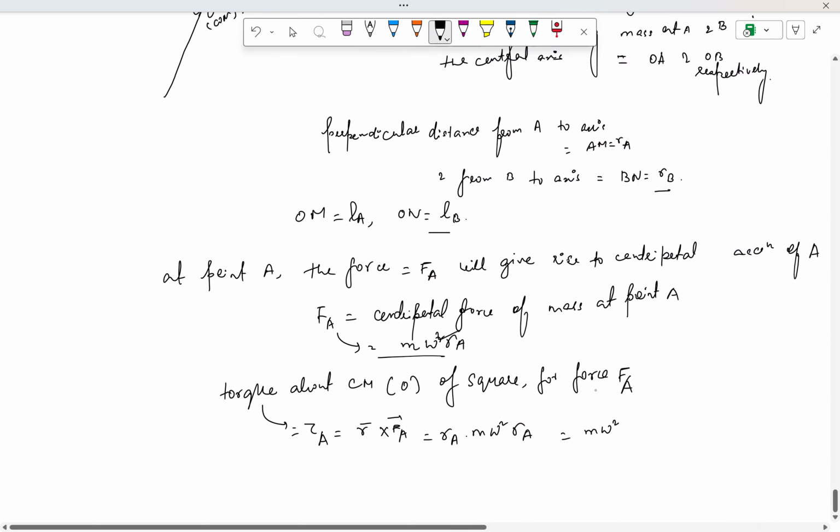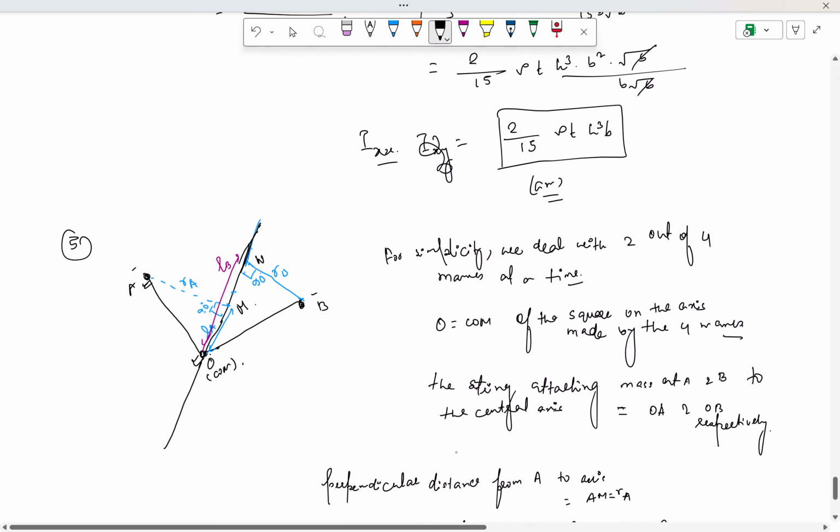Sorry, this is not RA that we should take, because we need to take this horizontal distance, not the vertical one, because you have your center of mass at this point and you need to find out what is the torque about it.